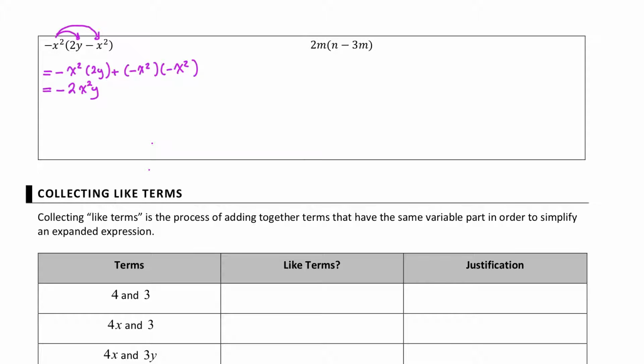and then for the next one I have plus negative times a negative, so a negative times a negative gives me a positive, so I will write positive. And I have x squared times x squared.